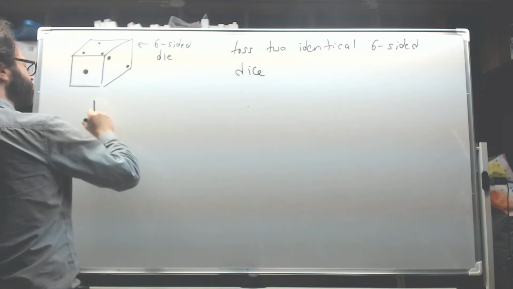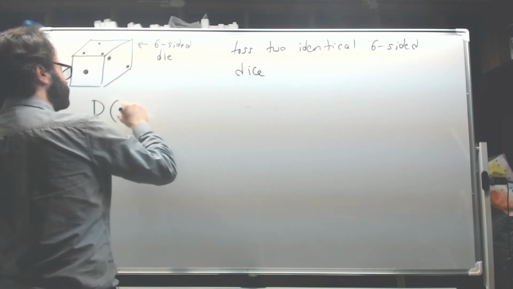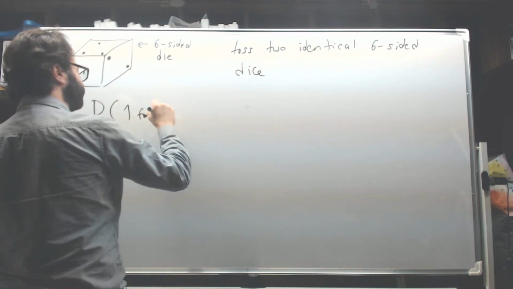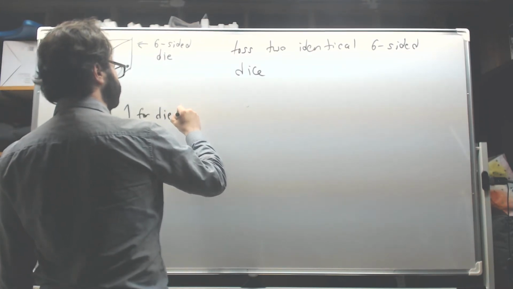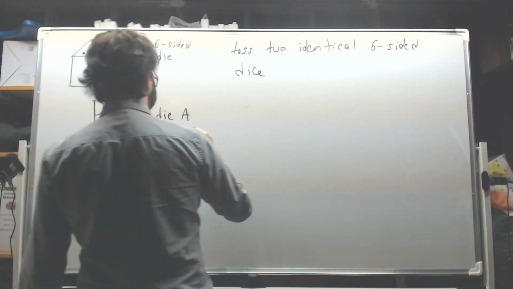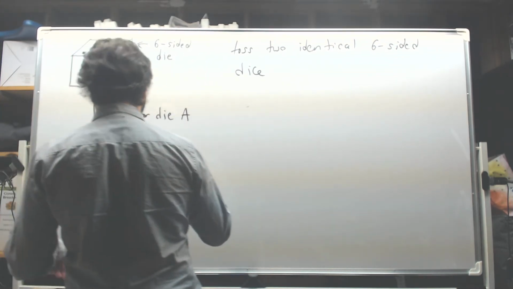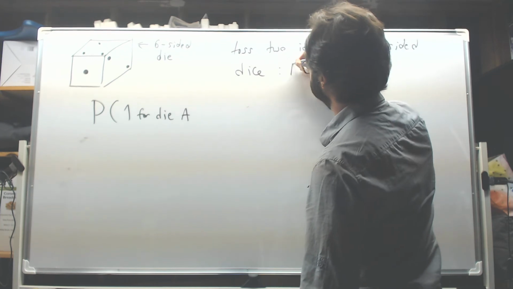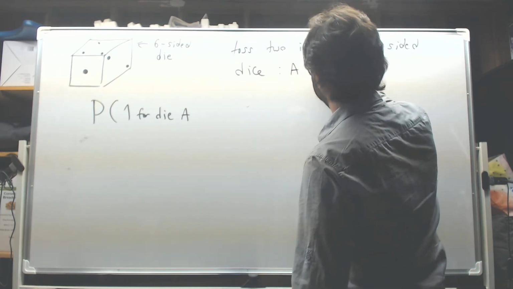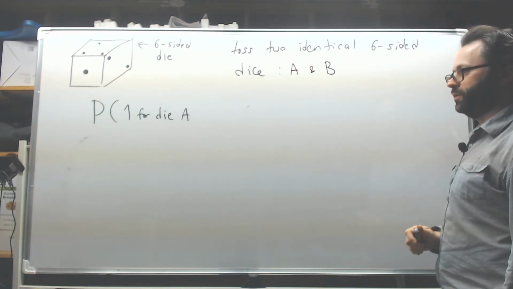Two identical 6-sided dice, A and B, labeled A and B.